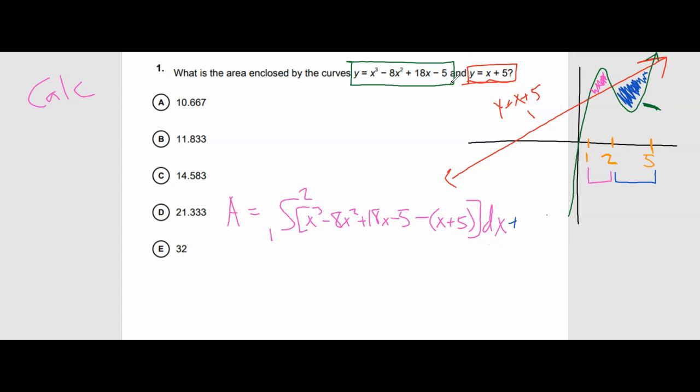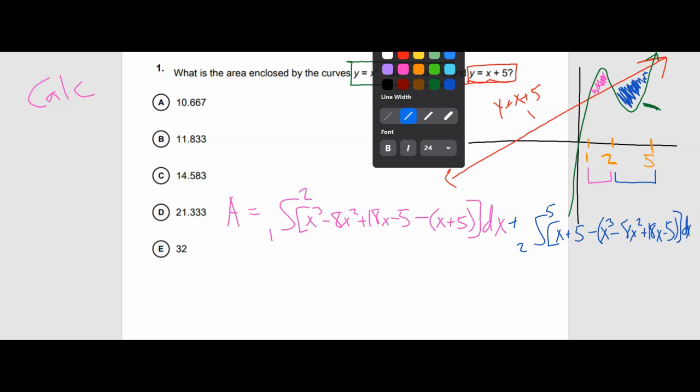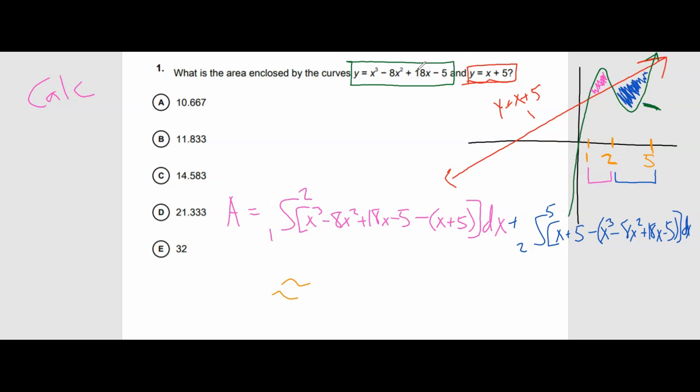To find our blue, integral from 2 to 5, all we're doing is switching. So we have x plus 5 minus that entire quantity of the other function. So if I can squeeze it in here, dx, that'll have to do. If we evaluate this using a calculator, we do end up getting approximately 11.833.